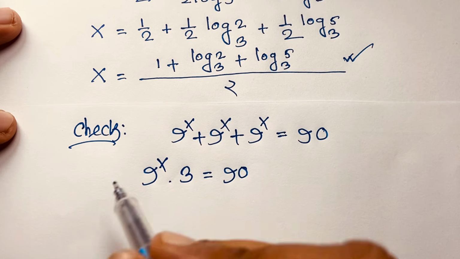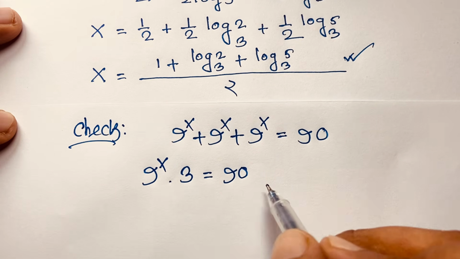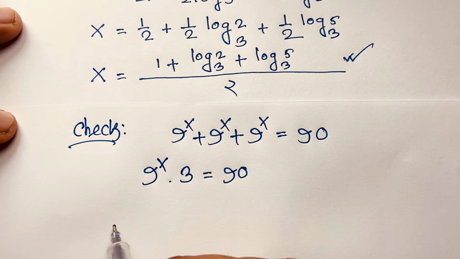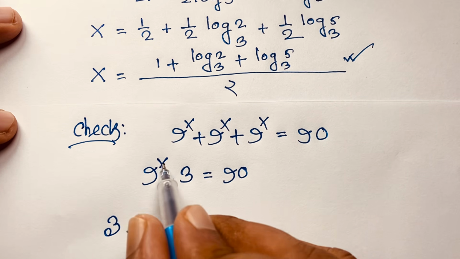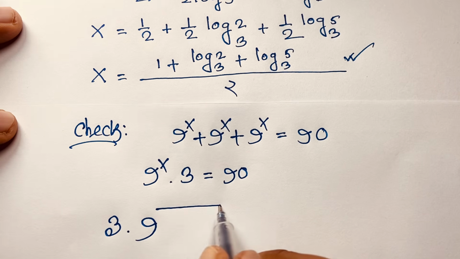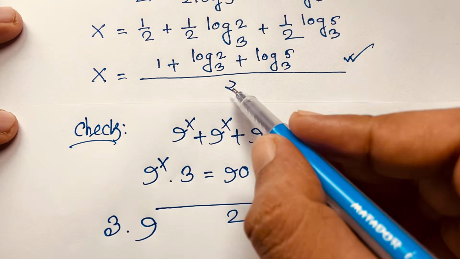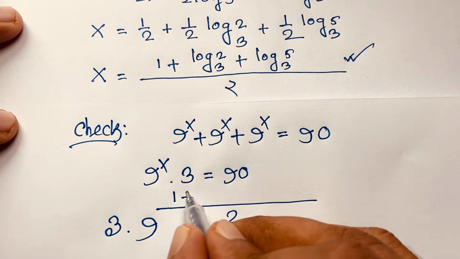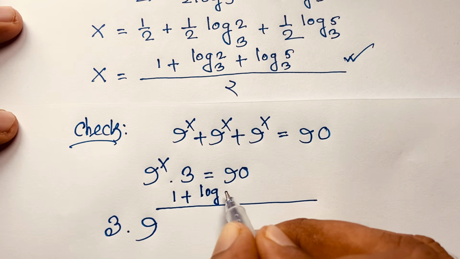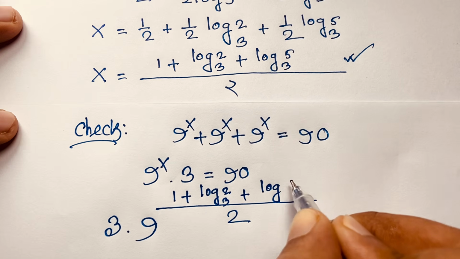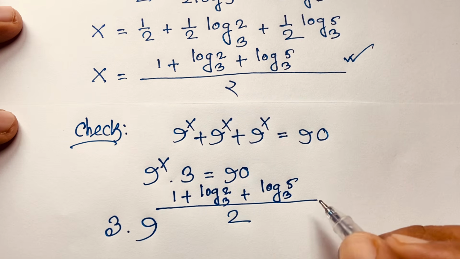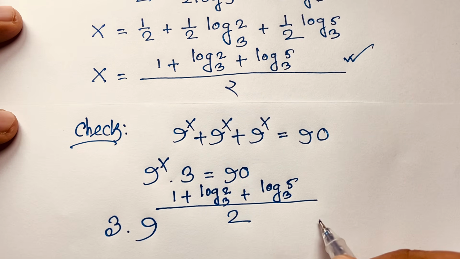Now at this moment I put the value of x in this exponential expression. So 3 times 9 to the power x, this x is (1 plus log 2 base 3 plus log 5 base 3) over 2, is equal to 90.